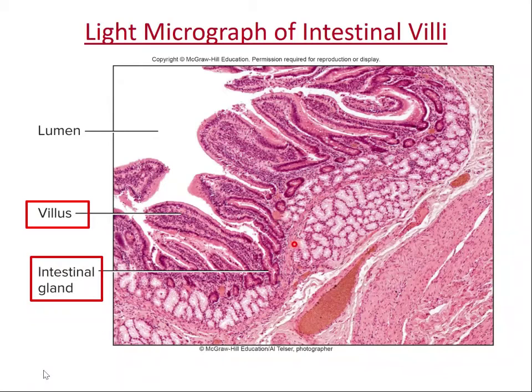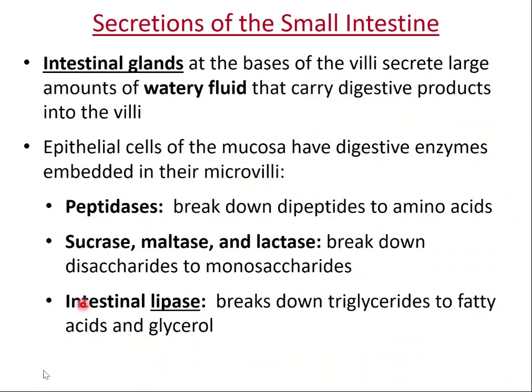Looking at a histological section of these villi, again we see these finger-like projections, and below them we see the submucosal layer, and at the base of the projections we have these intestinal glands.